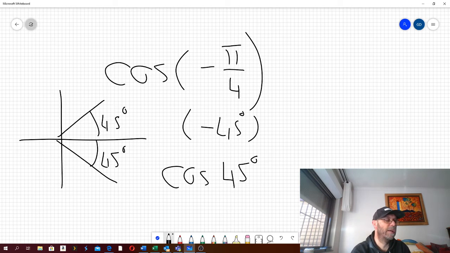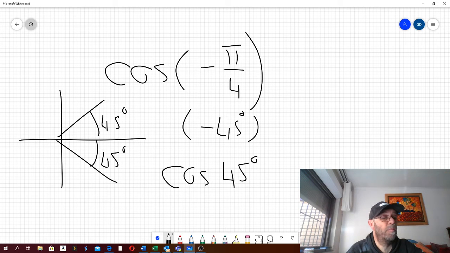Now on your calculator, if you change your mode to radian, then you can ask what is cos of pi over 4. So you can say cos, and then pi, let me find my pi button here quickly, pi divided by 4, close brackets, and you should get an answer of 0.707.